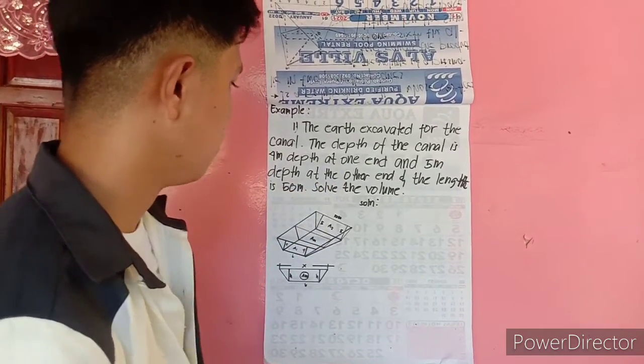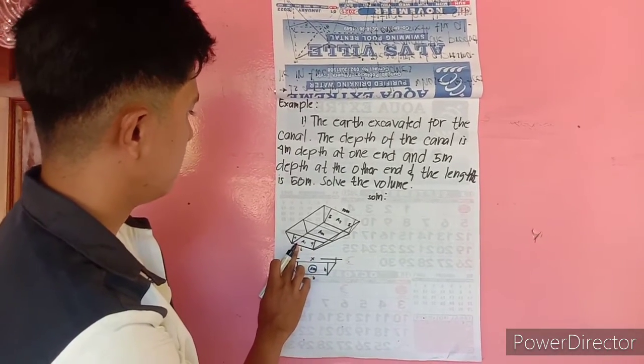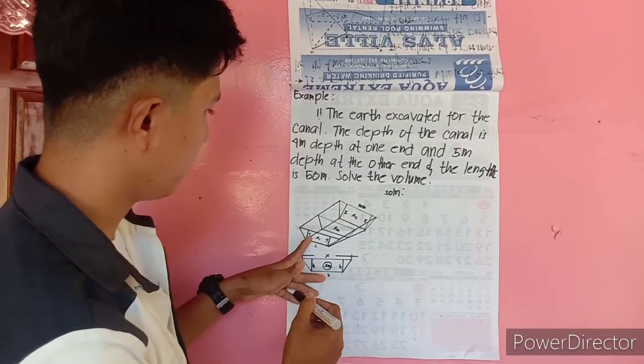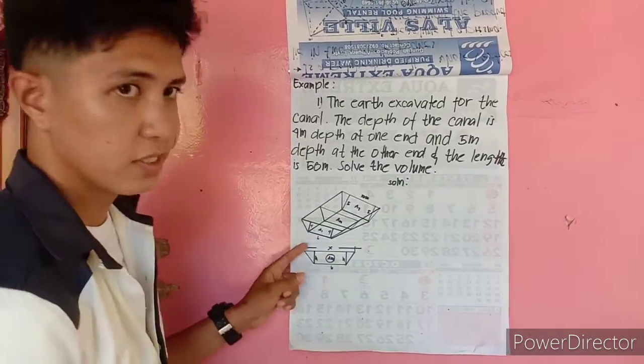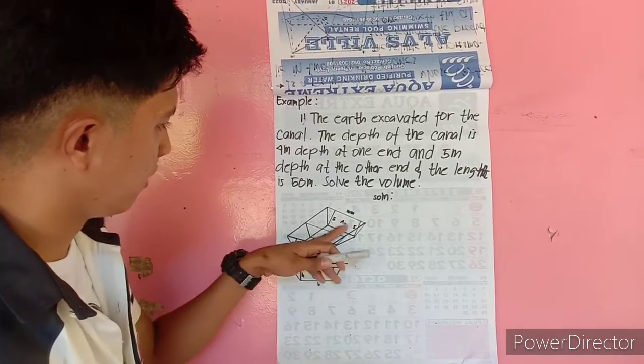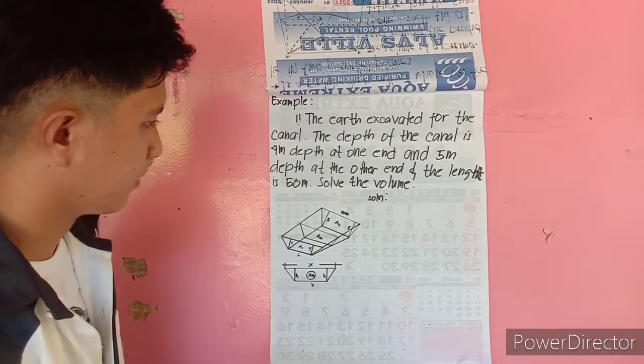Find the volume. This side is 4 meters in height, the other side is 5 meters. So this is area 1, area 2, and the midstation area.